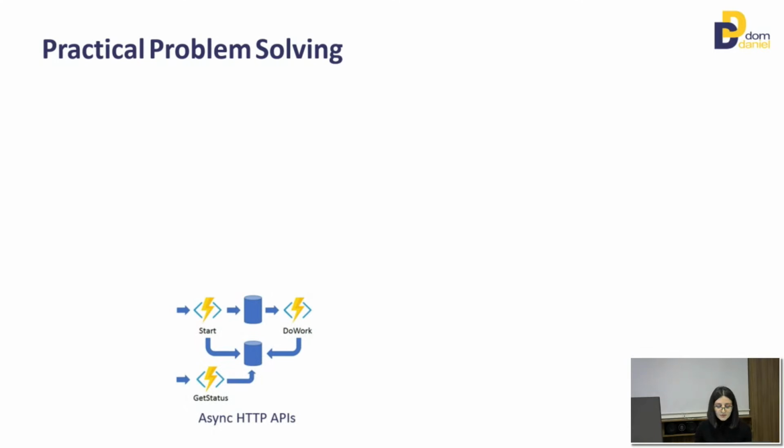Then there is the asynchronous response, where you want to return a status endpoint and be able to poll until the long-running work is complete. Maybe you have some work that might take 5 minutes to execute, and you don't want to keep an HTTP request open for 5 minutes. Durable provides out-of-the-box patterns for you to return an immediate response, do the work in the background, and let them check to find out when the work is done.